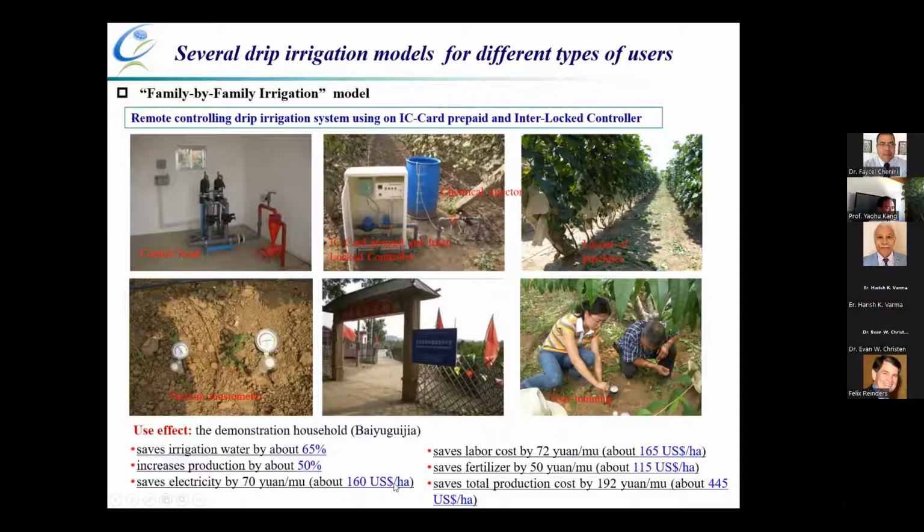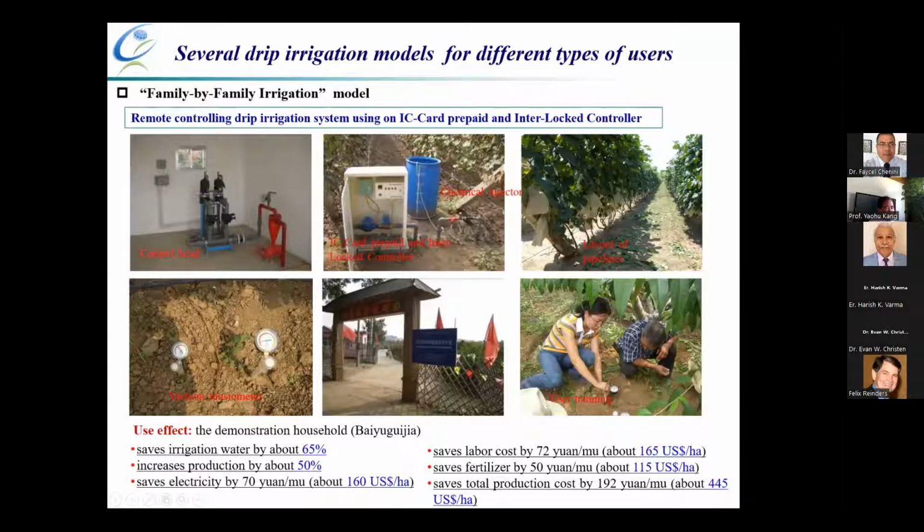That is about $150 per hectare, and saves labor cost by $165 per hectare, fertilizer about $115 per hectare, and saves total production cost by about $445 per hectare.